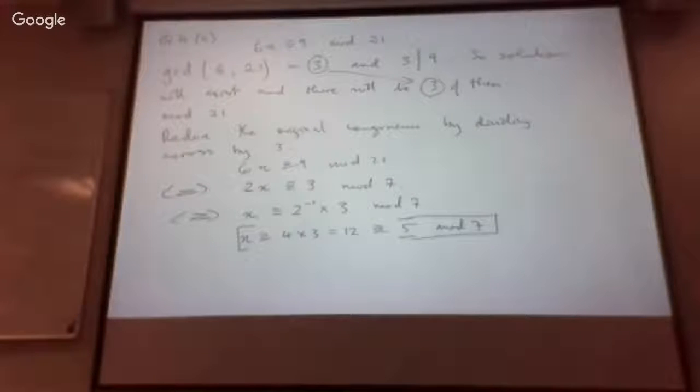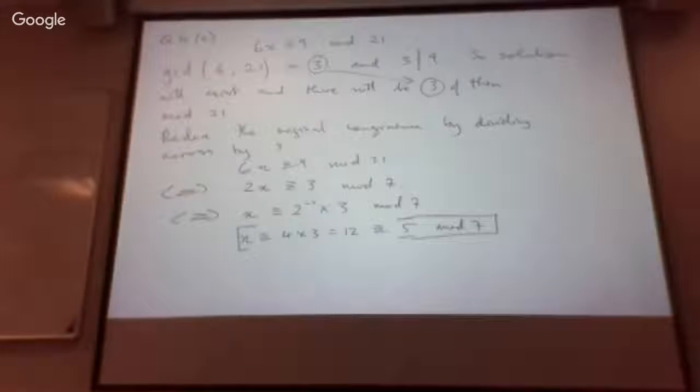One of them is represented by 5 mod 21. Just keep on adding 7s. The other one will be 12 mod 21, and the other one then will be 19 modulo 21. These 3 congruence classes modulo 21 are the lift of 5 modulo 7.